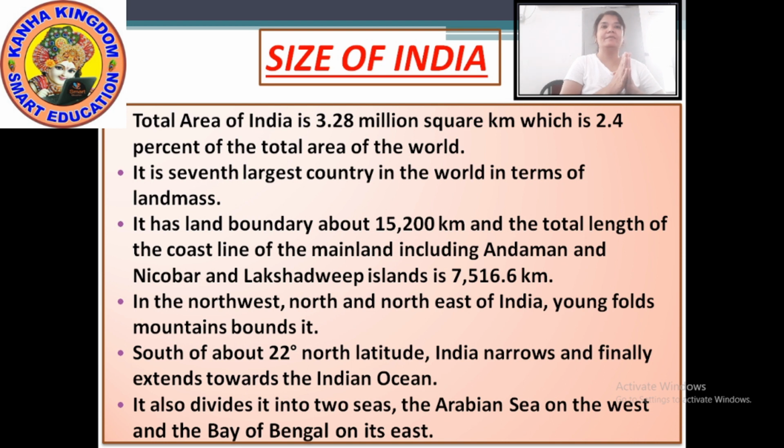I repeat again, the coastline of the mainland including the Andaman and Nicobar Islands with the Lakshadweep Islands is 7,516.6 kilometers. This is the total length.